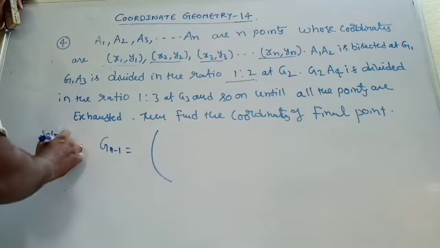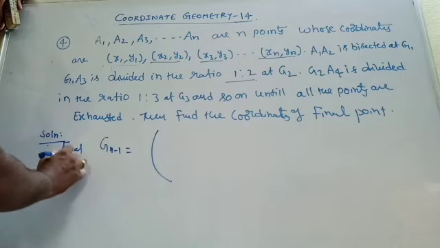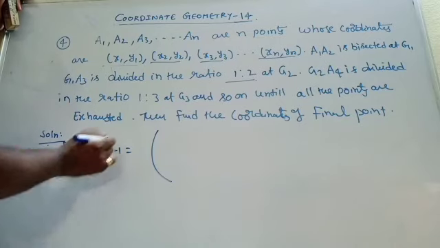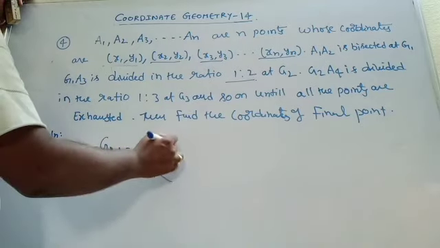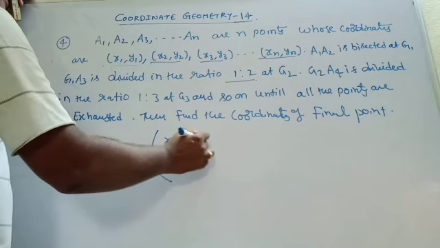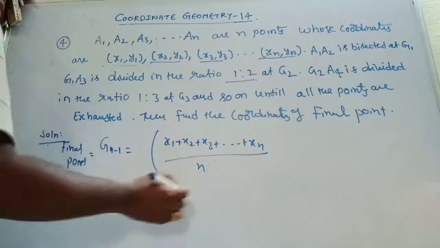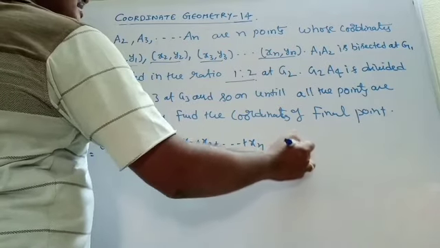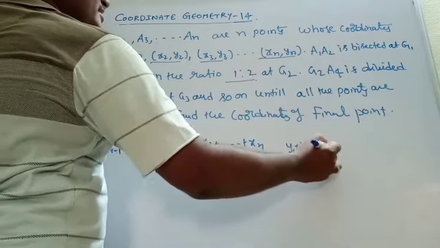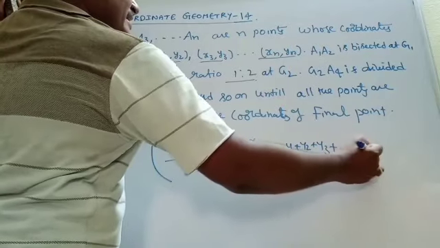This is the final point, which is equal to ((x1 plus x2 plus x3 plus so on up to xn) by n, (y1 plus y2 plus y3 plus so on up to yn) by n).